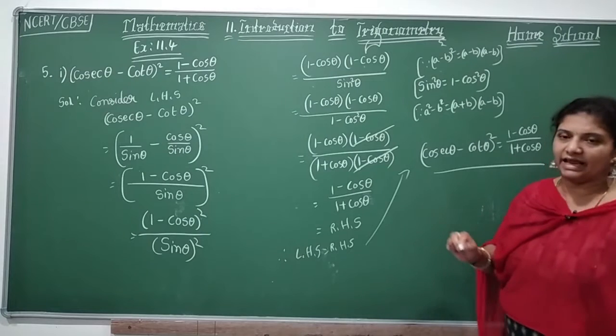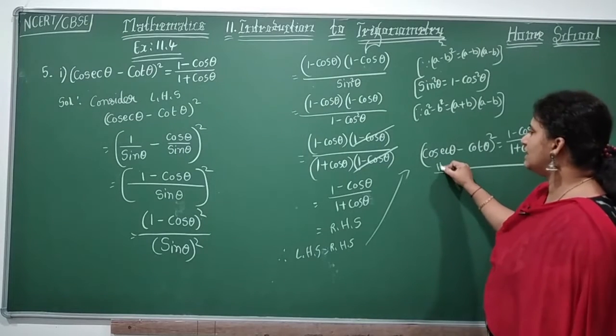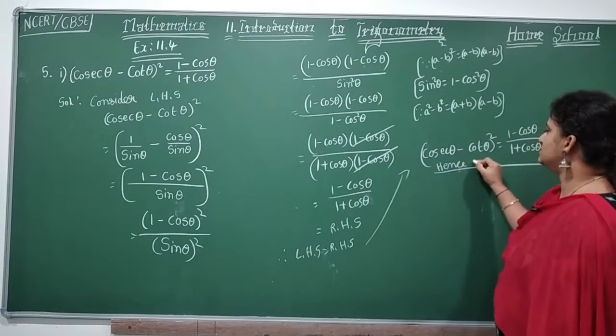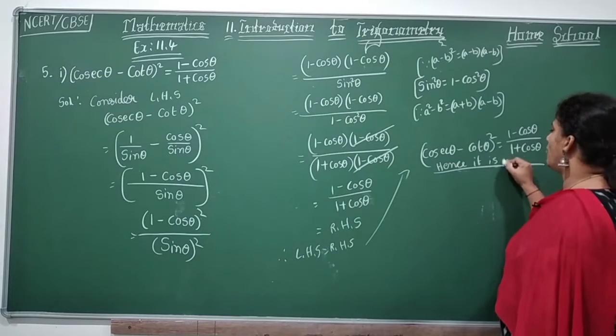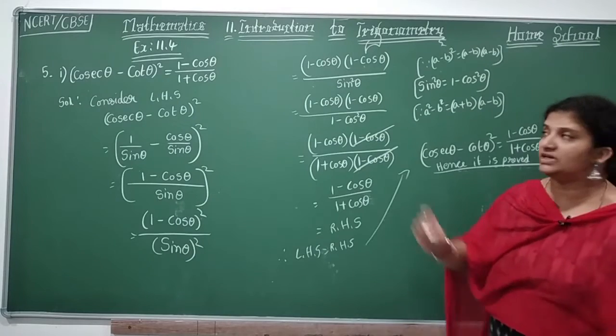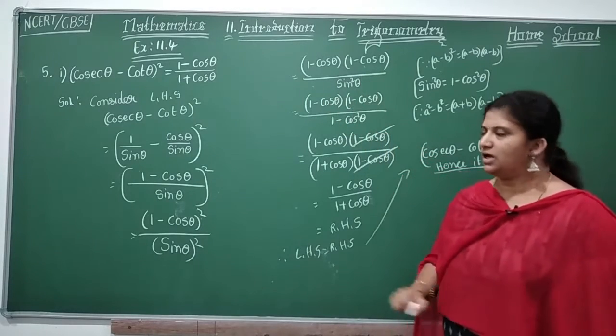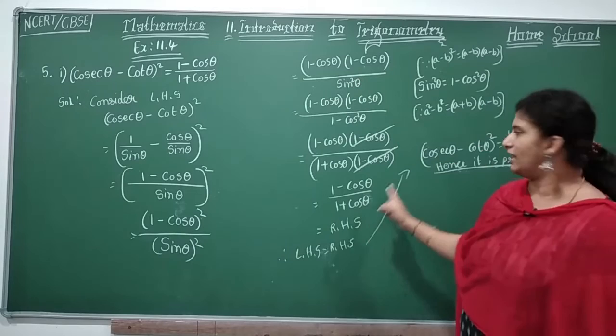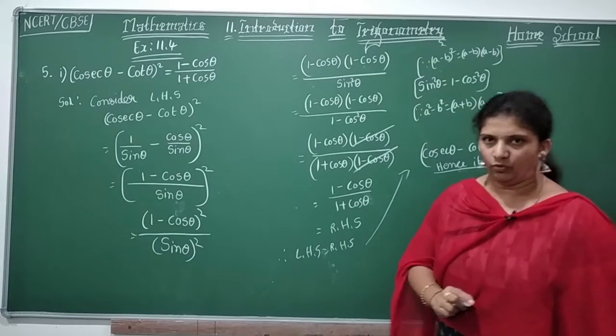Okay, hence it is proved. Last line: hence it is proved. Why children? They asked us to prove this, that equal to this. Yes, I have proved it, therefore hence it is proved.